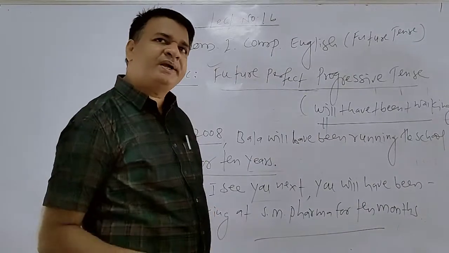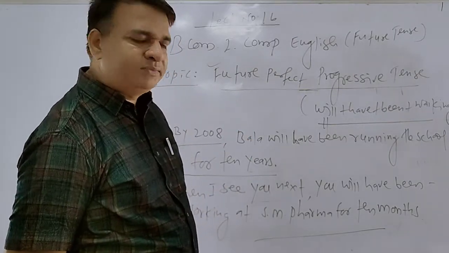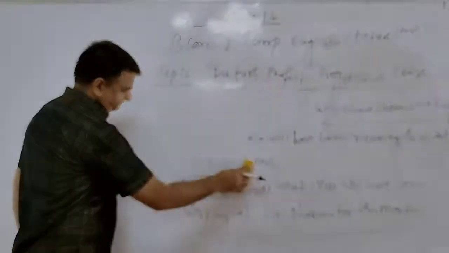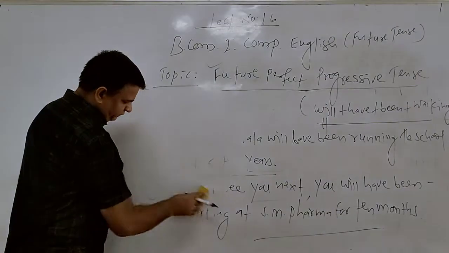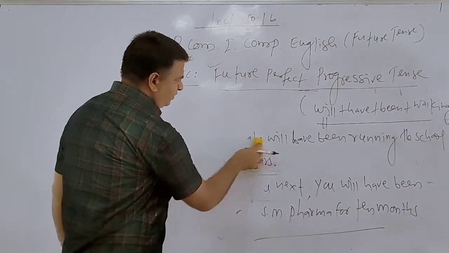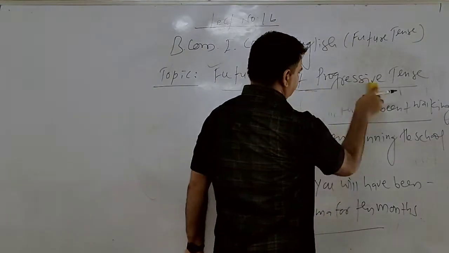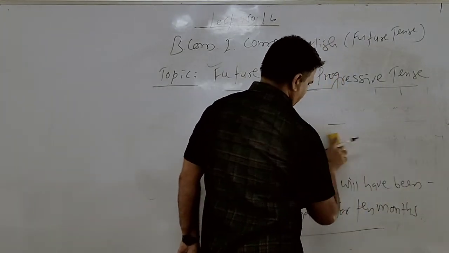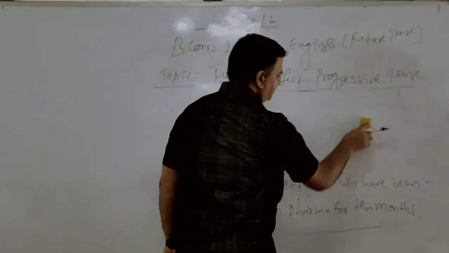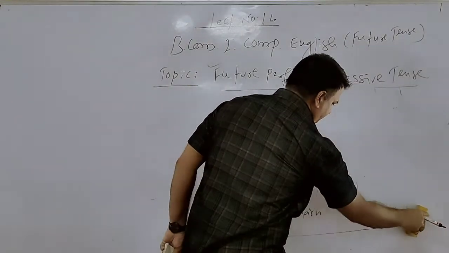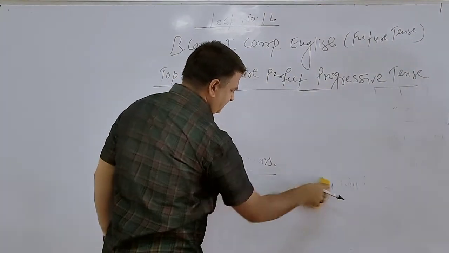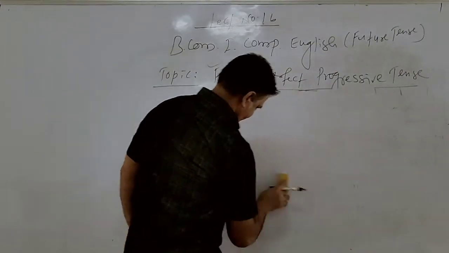Then we will practice all the present, past and future tenses altogether in tomorrow's class. Before that, we will again practice some more examples of future perfect progressive, so we will get a clear-cut idea of this type while writing or conversing with someone.